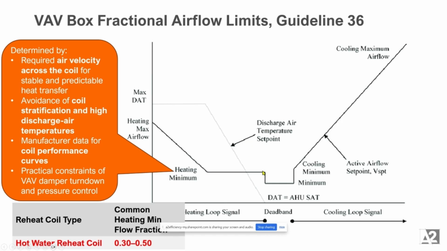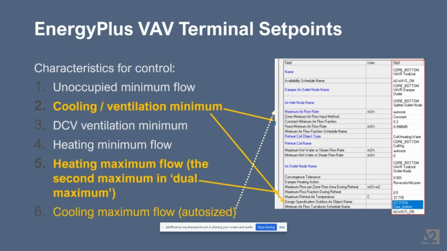Like 20% might be. So as we look at the EnergyPlus VAV terminal set points, and we think about all these different flows, I've done some crazy highlighting on 3 different slides to try and show where in EnergyPlus you would want to make sure we're accounting for all these things, right? So just to start off with here on this slide, we're looking at the terminal unit box.